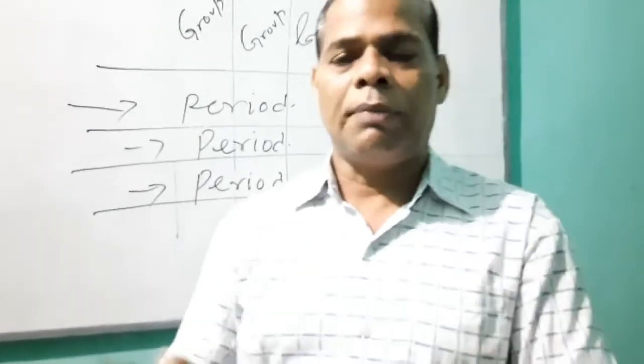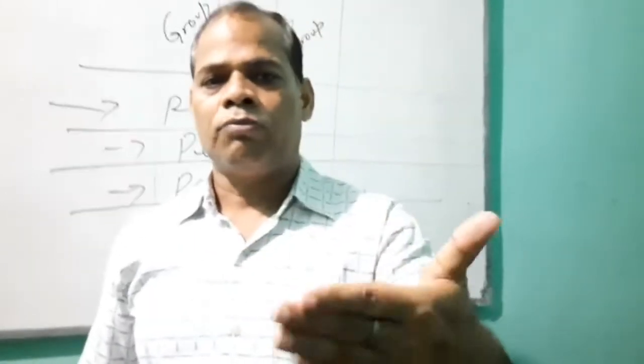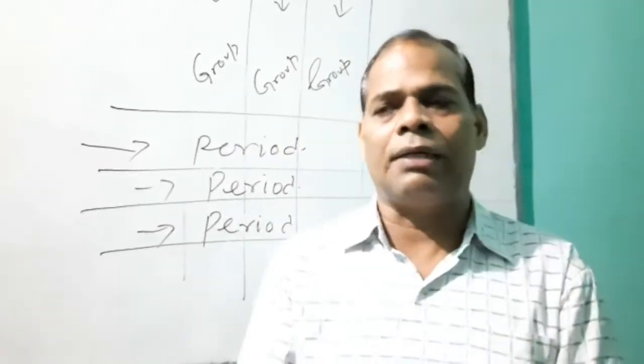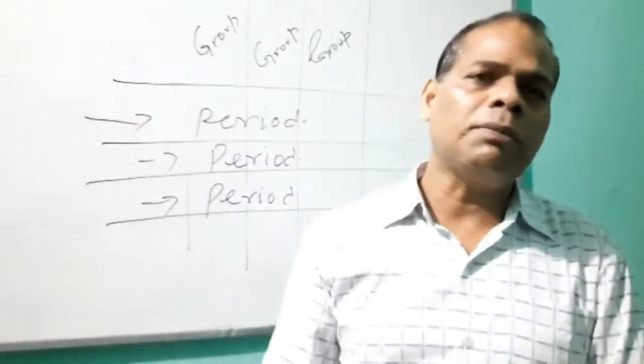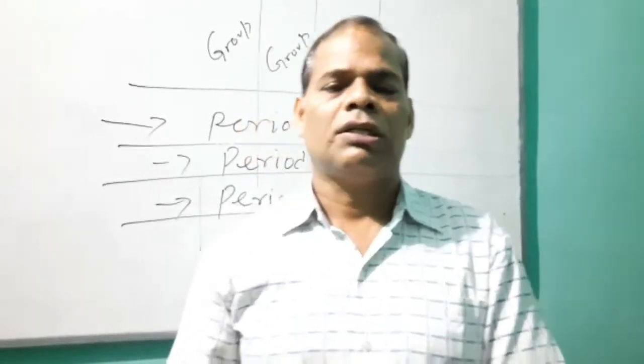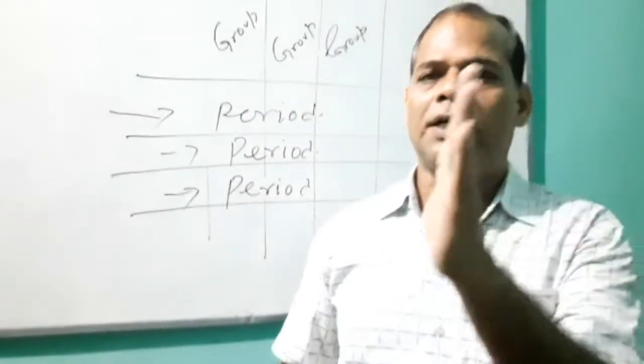But I am trying to just give you an idea about it. The modern periodic table is basically divided into 4 blocks: s, p, d and f.